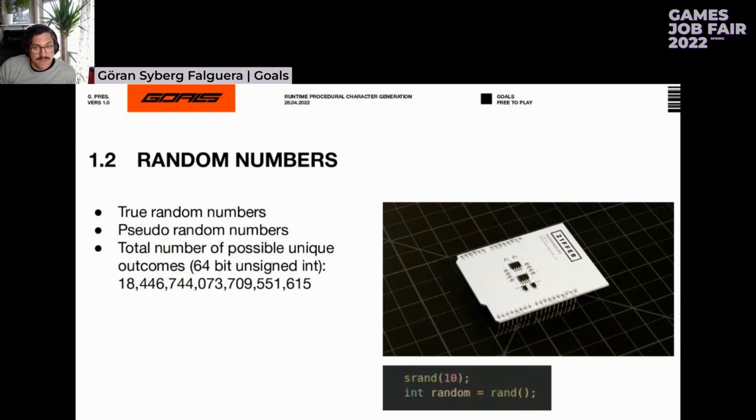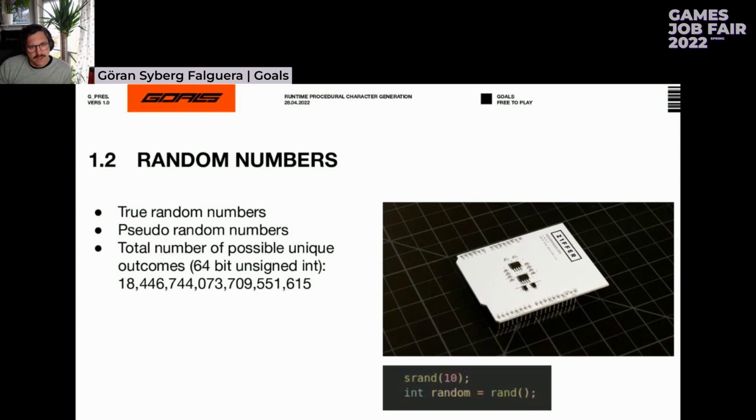This means that given a seed or an input, we could generate the exact same outputs or random numbers, which would be used for a character. And this would mean that we could generate, with just a 64-bit integer as a seed, 18 quintillion different outcomes. That's pretty cool.